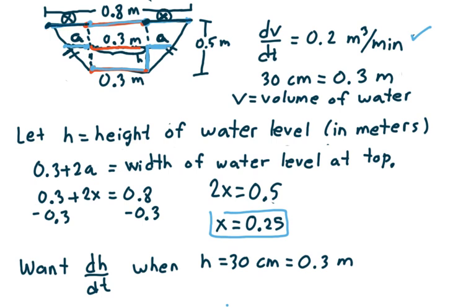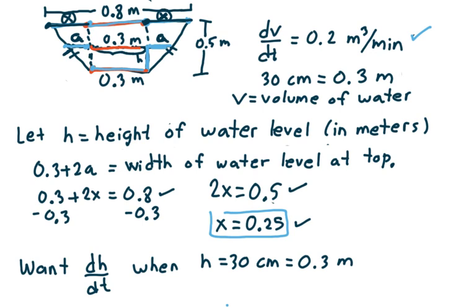And they have to be the same thing because we have an isosceles trapezoid. I need to know what that value of x is. And so if I take 0.3 and I add 2x, I get 0.8. So that tells me 2x is equal to 0.5, and so x is equal to 0.25.